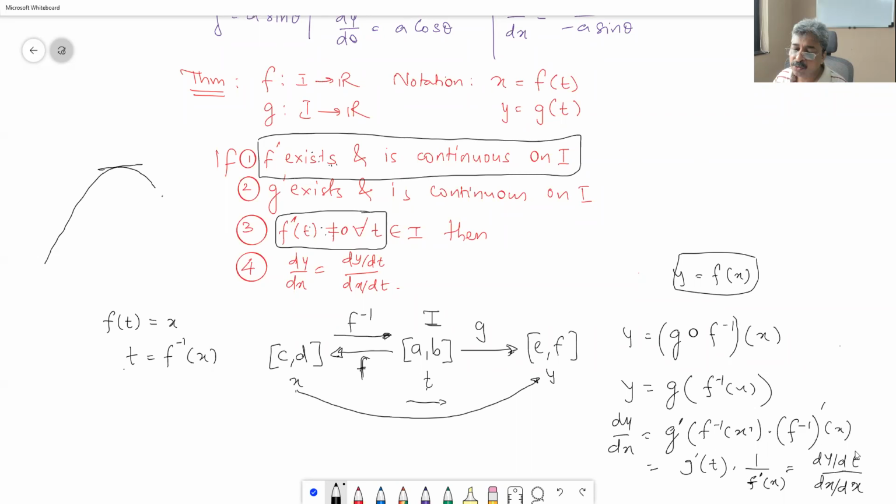That is the proof. You are trying to create a composition of functions, and f dash exists and is continuous, and f dash of t not equal to 0 makes it strictly increasing or strictly decreasing. Hence 1 1 on 2. Hence you can invert, and therefore this f dash of x goes in the denominator.